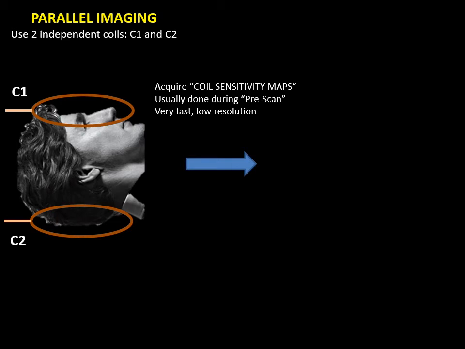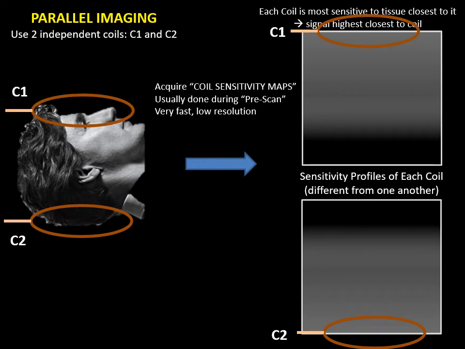During the process, coil sensitivity maps are acquired. This is usually done during the pre-scan portion of imaging, and this acquisition of these sensitivity maps is very fast. The images are very low resolution. Coils are most sensitive to the material which is closest to them.